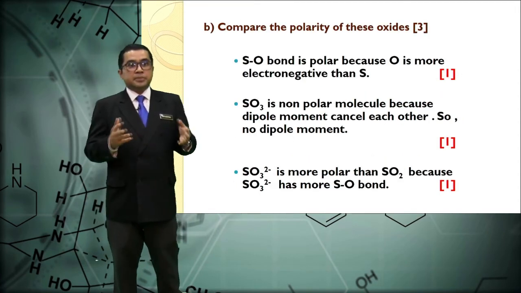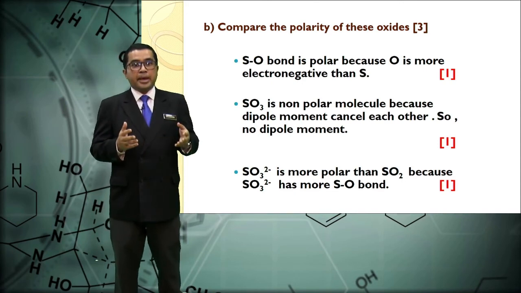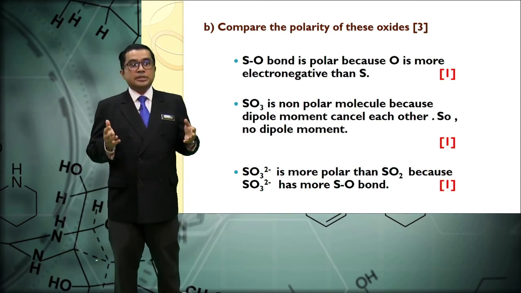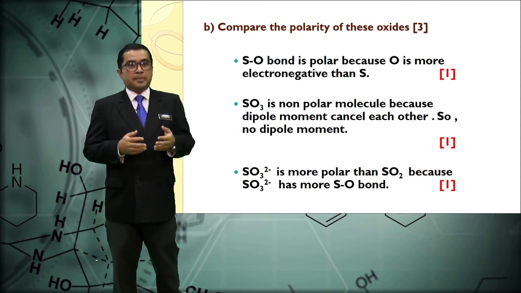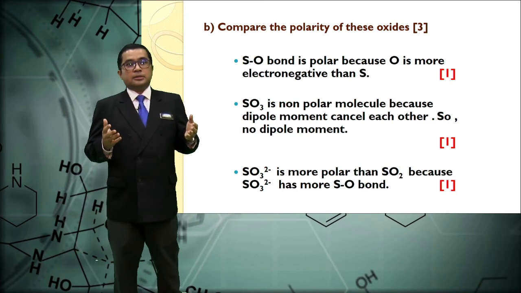For question B, you have to compare the polarity of these oxides, from your structures in part A. What is polarity? Apakah dia kekutuban?